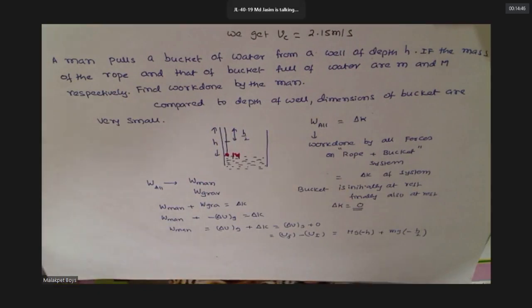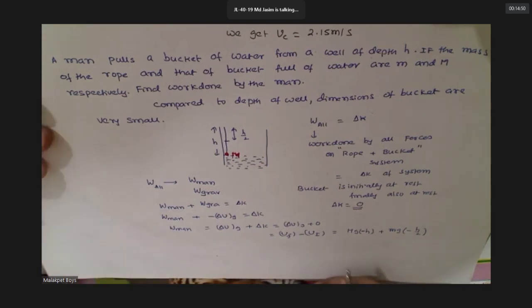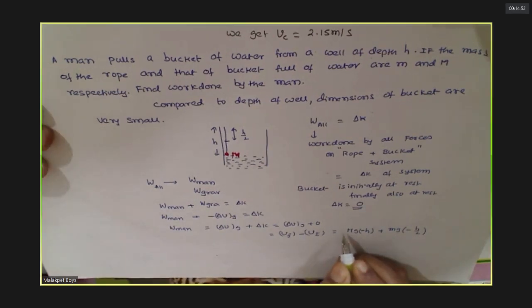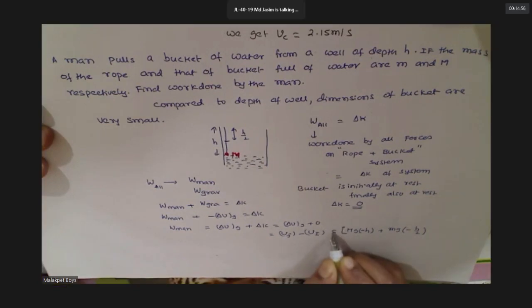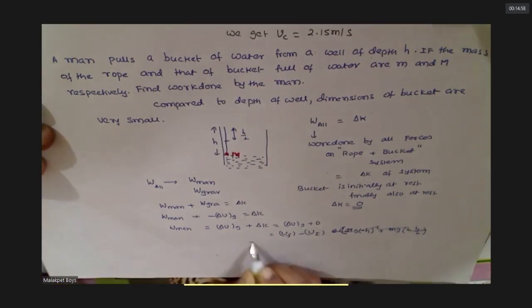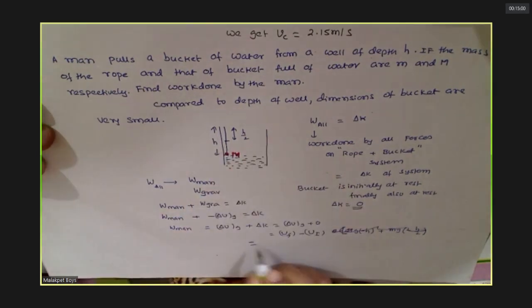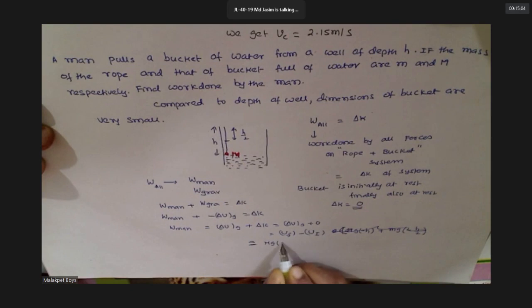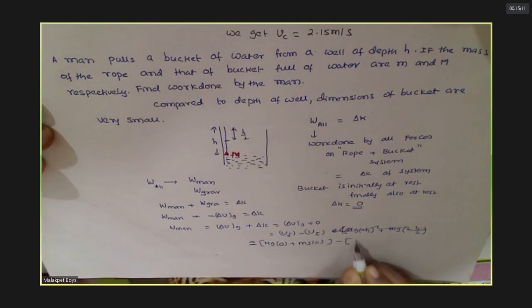Just explain. That's why I asked once more. This is the initial one, no? Finally, it is here on the surface. So finally, there is no height, no? It will be on the surface. Initially, it has potential energy.